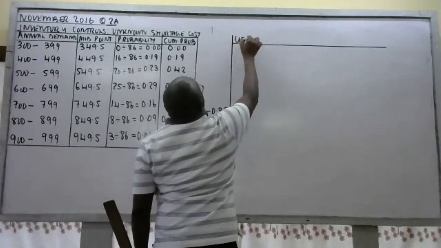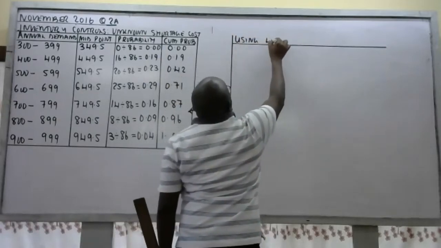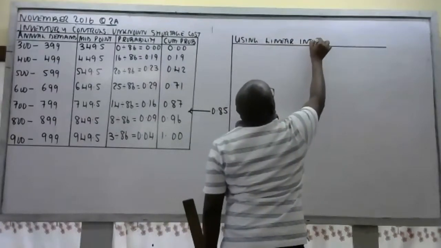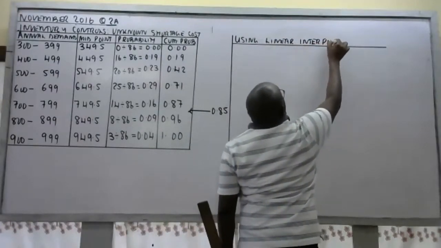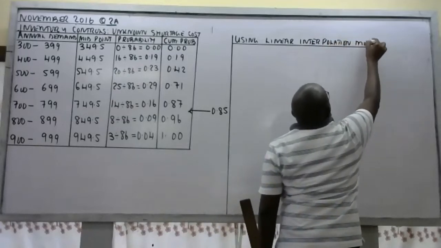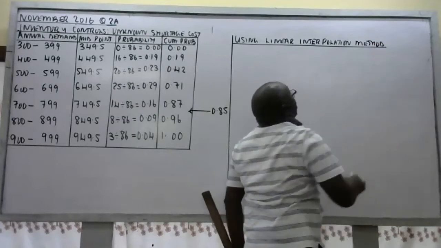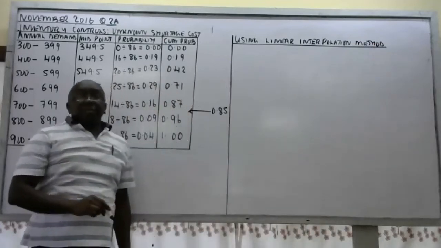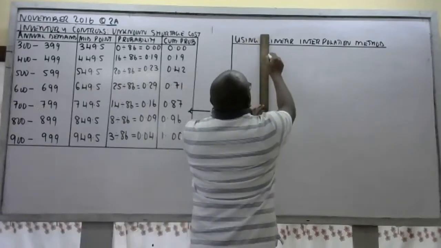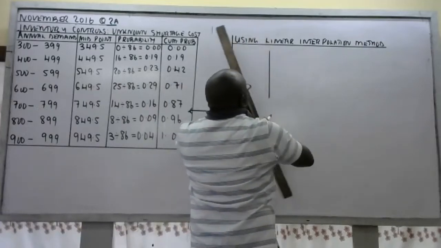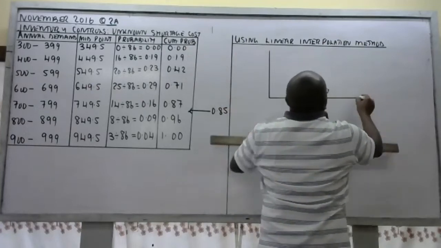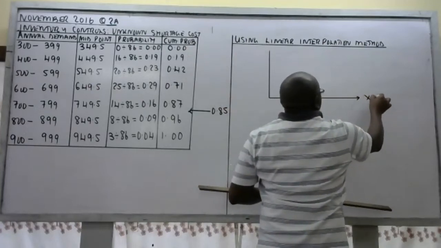So using linear interpolation method, I told you, you quickly draw a diagram like this one. There's like a small one, not to scale, but smart.